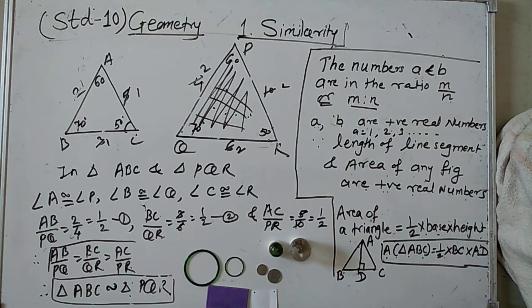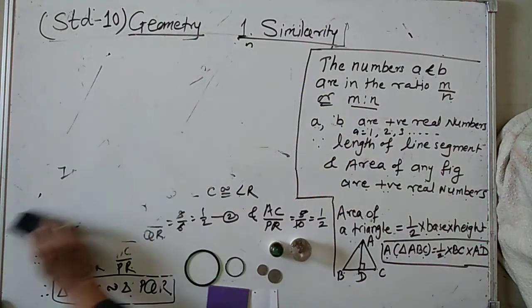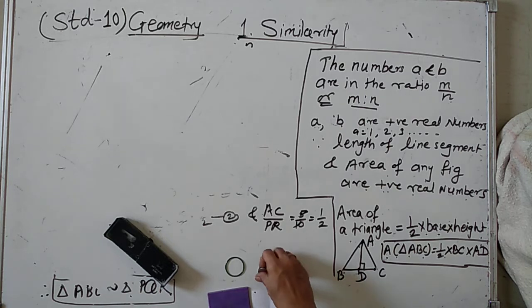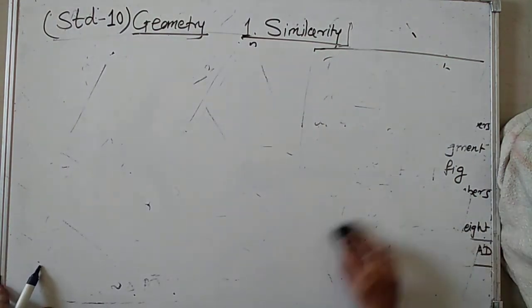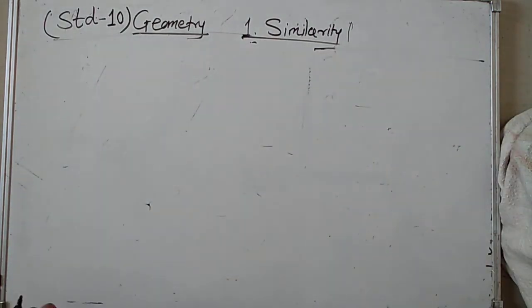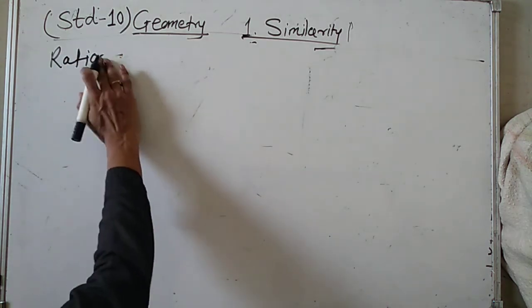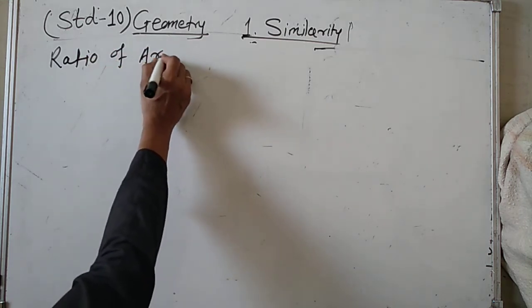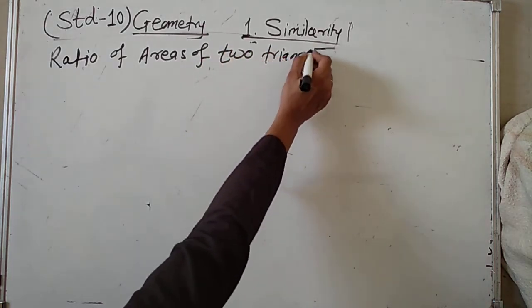ओके, बघूया आपण नेक्स्ट. The next point is that, let's learn a new point, that is the ratio of areas of two triangles.